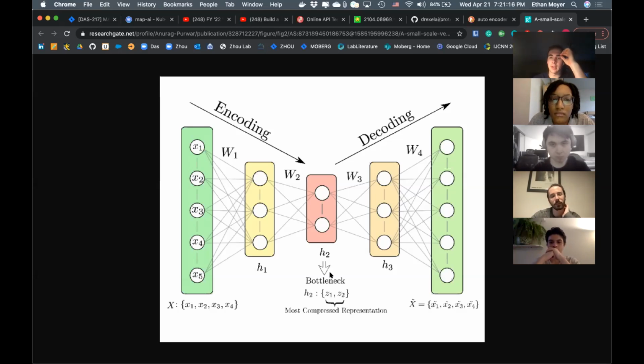So if you were able to predict a structure and it already has low energy, you're going to ask, okay, what's a structure that has lower energy than what we predicted?